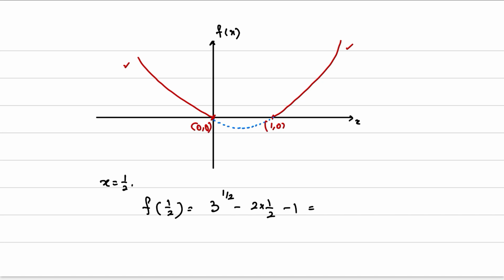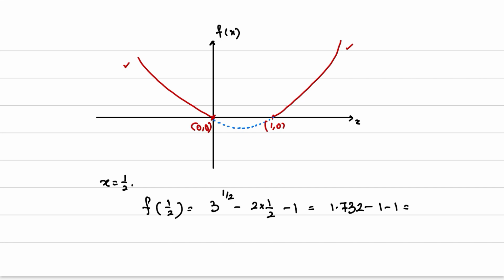What is the square root of 3? 1.732. I have told in the previous classes, you find out root 3, root 2, root 4, root 5. Please keep those values ready with you. Minus 1, minus 1.